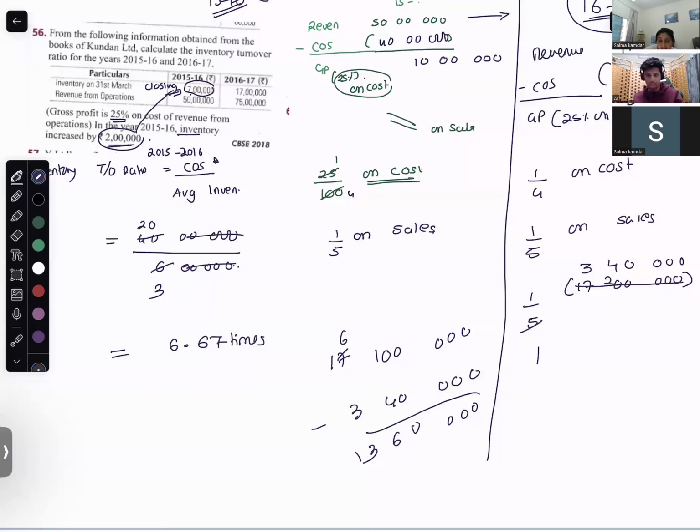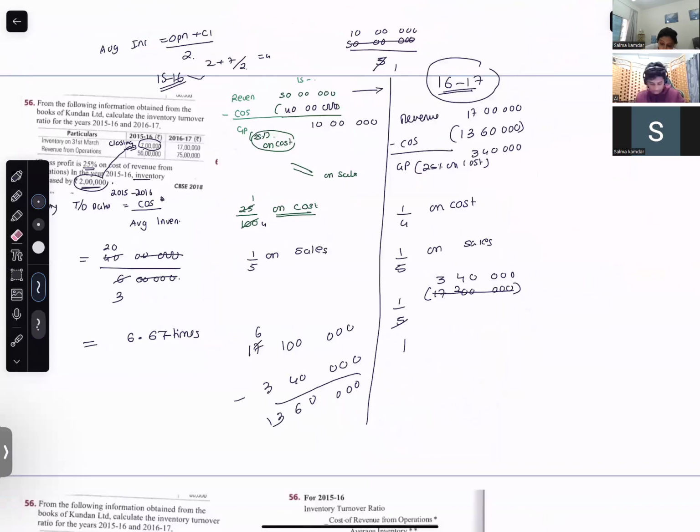I made one mistake. My revenue from operations is 75 lakh. So profit will also be different. It is 1/5 of 75 lakh.